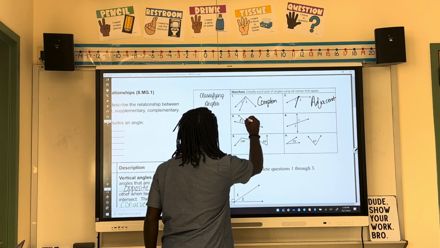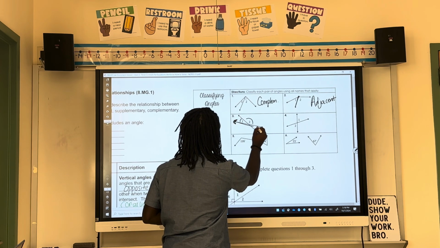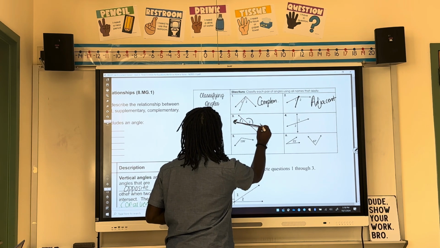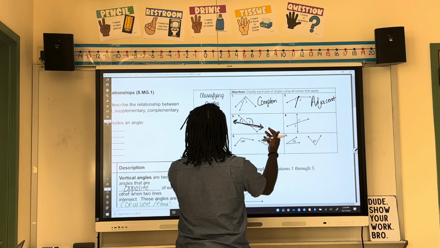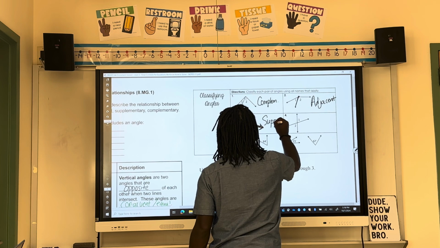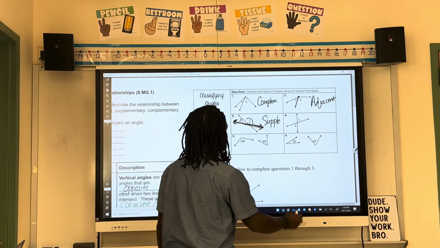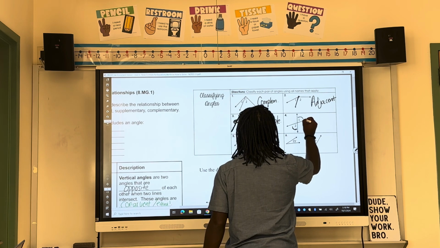This angle plus that angle form a straight line, so they add up to equal 180. These are supplementary.